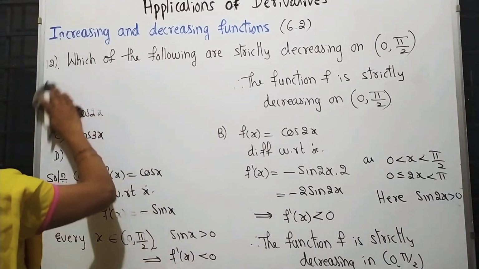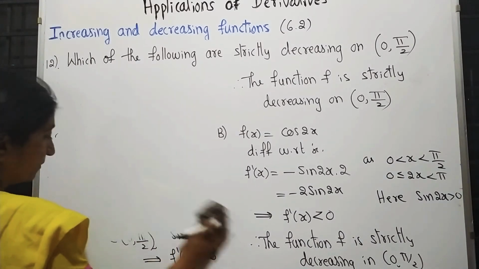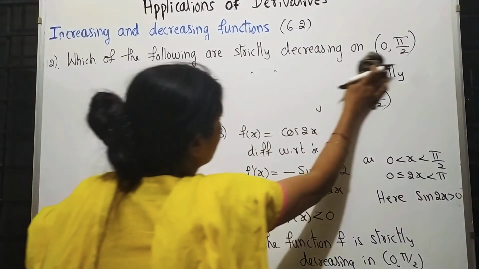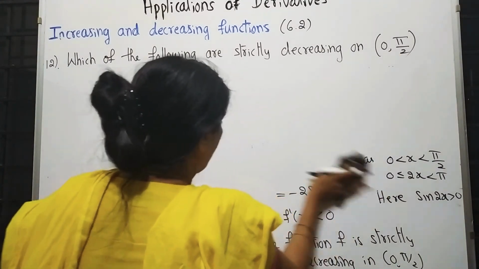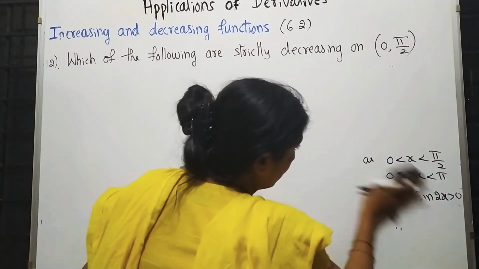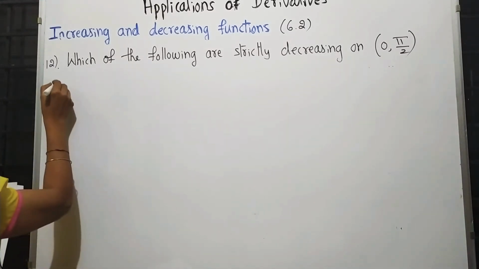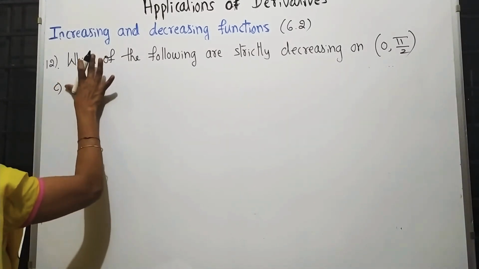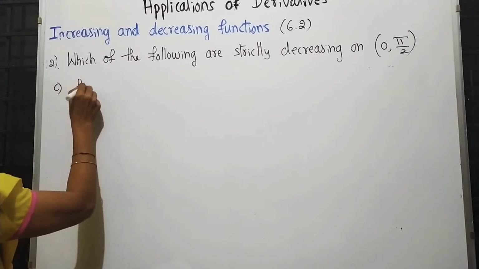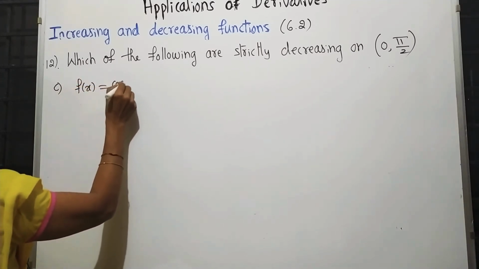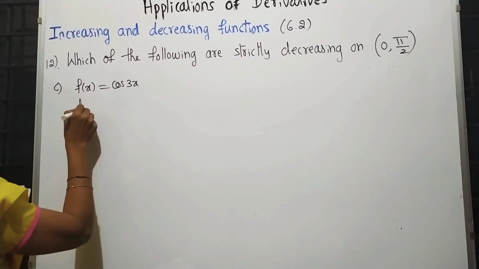Moving to the third one, that is cos 3x. f of x is equal to cos 3x.